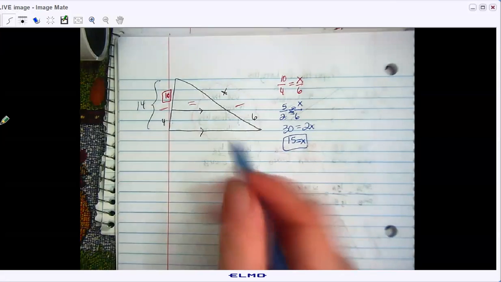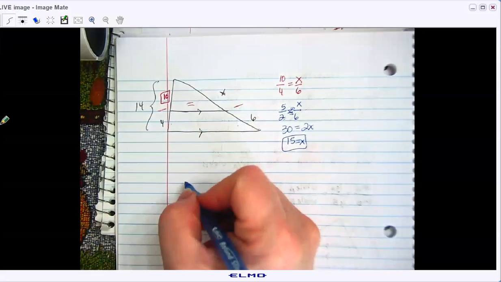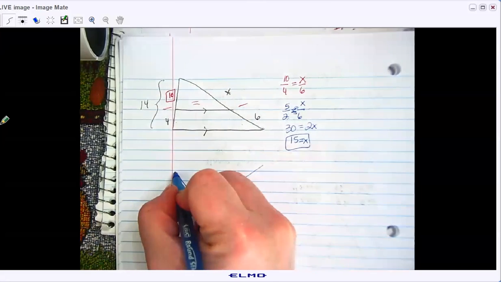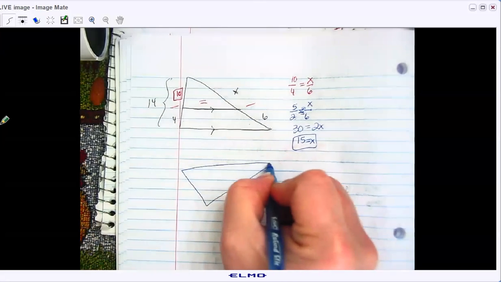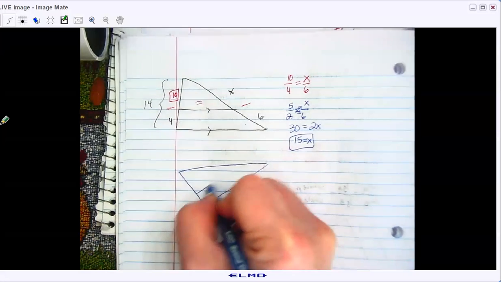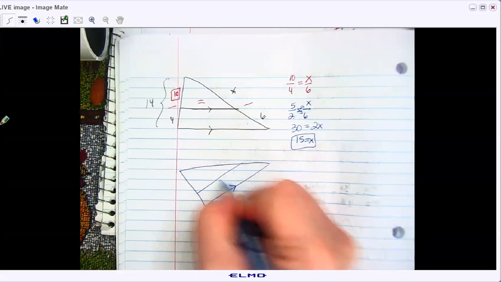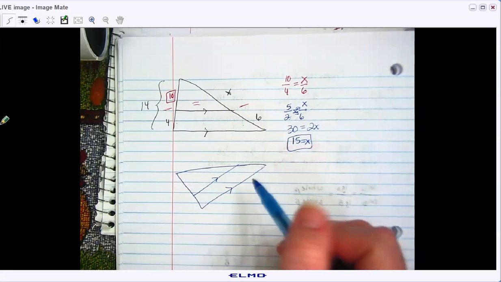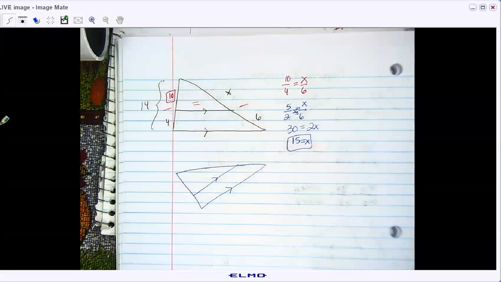Here's the next one, the last one of this type. And it's kind of upside down. So there's my two parallel parts, which just means the sides that connect the parallel parts are the ones that are going to be proportional.